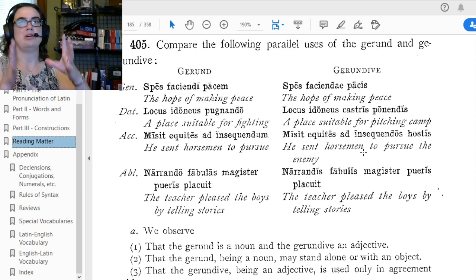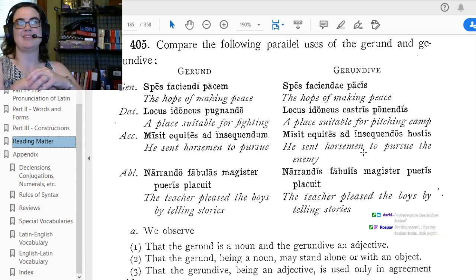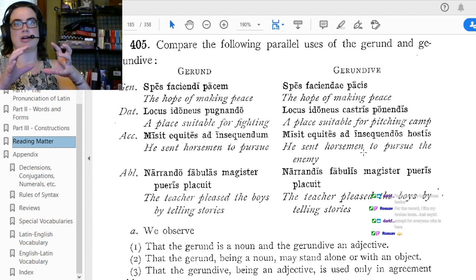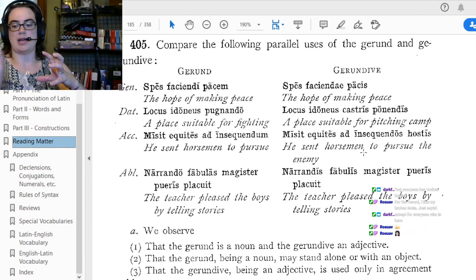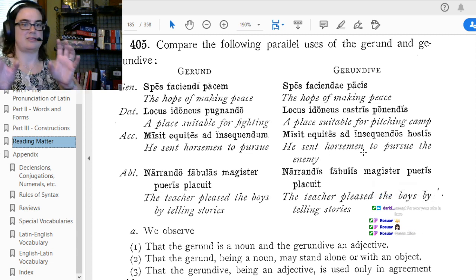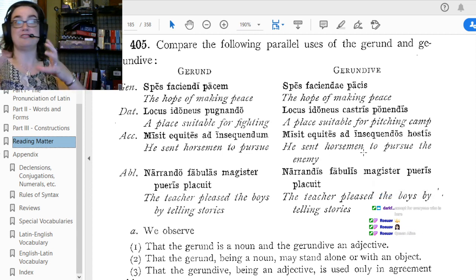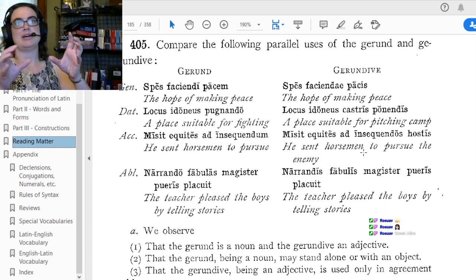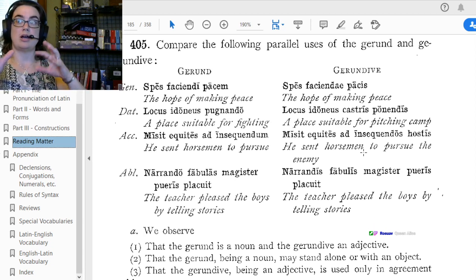Alright, so, gerund, the English way. Spes faciendi pacem. The hope of making peace. Okay, so to switch that around, you take the noun, make that the case of the thing that you're going for. So the hope of peacemaking, hyphen. So if it's hope of, okay, of peace, that's a genitive.